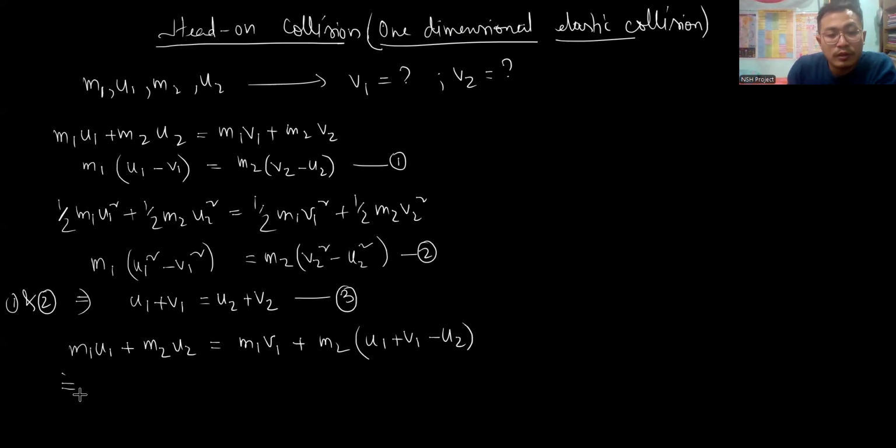Substituting, we get m1 u1 plus m2 u2 is equal to m1 v1 plus m2 times (u1 plus v1 minus u2).